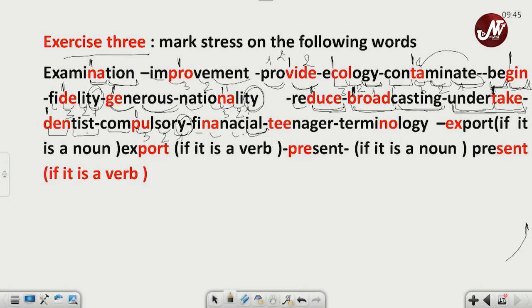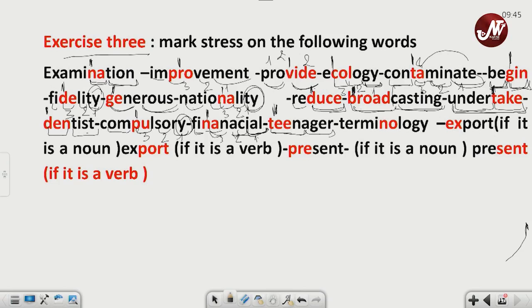So we count three syllables, 1, 2, 3. Financial. 1, 2, 3. We stress it here, financial. Then we have teenager, a compound noun, teenager.